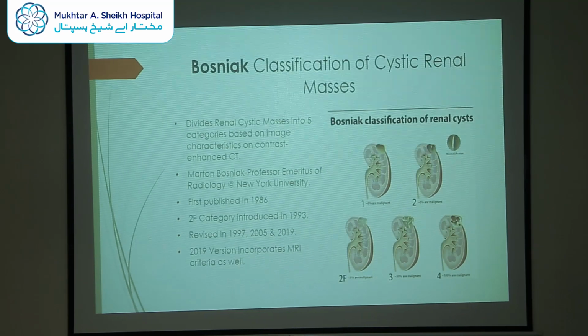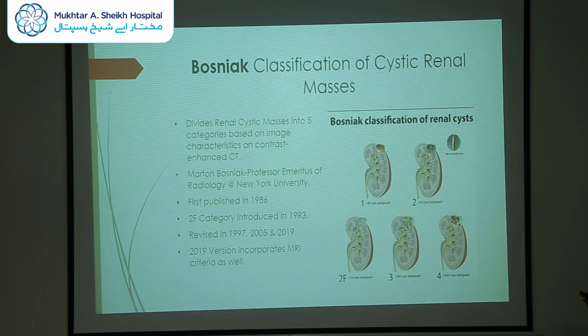So this is the Bosniak classification of the cystic lesions. It is divided into 5 stages. Stage 1 is a simple renal cyst with a regular margin and clear fluid, no septations and no calcifications.